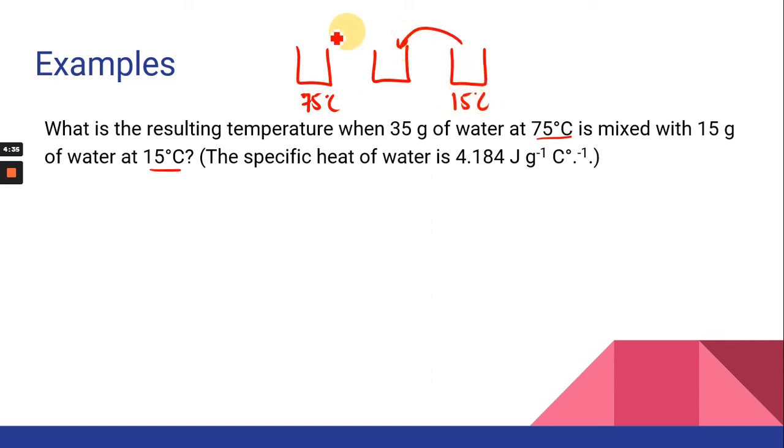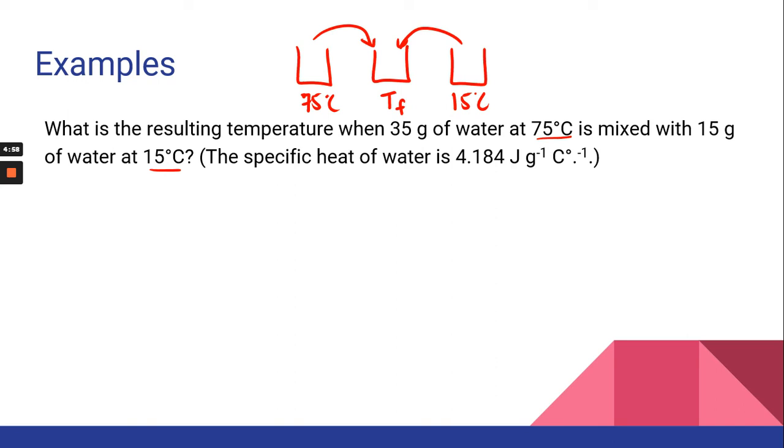When we pour them into the same container, what should happen is the 75 would decrease in temperature while the 15 is increasing in temperature. And so we should get a final temperature that is somewhere in between. Now it's not directly 50 percent of the way in between those two values, it just falls in between.